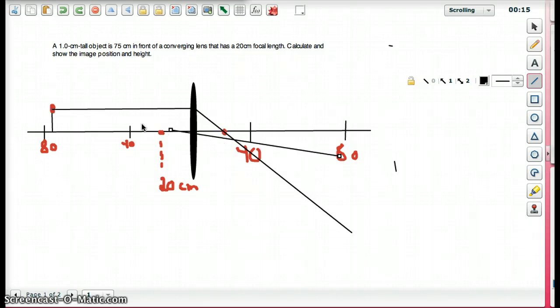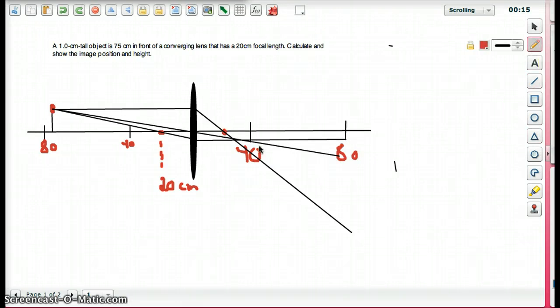Then we had a ray that went through the focus and got refracted parallel on the other side, like so. And you can see roughly that all of these rays come together and form an image at this point.